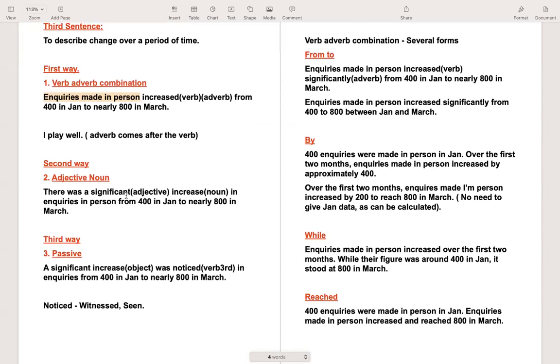The second one is the adjective-noun. It's different because here the adjective comes before the noun. The increase comes after significant. So the sentence will be: there was a significant increase in inquiries in person from 400 in January to nearly 800 in March. So what's the difference?